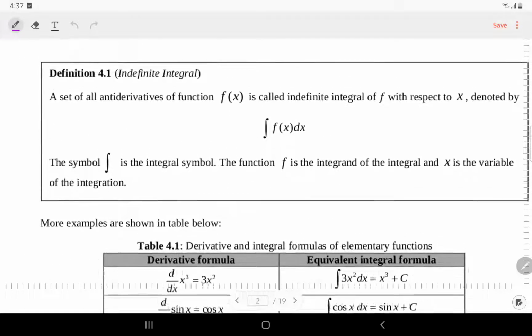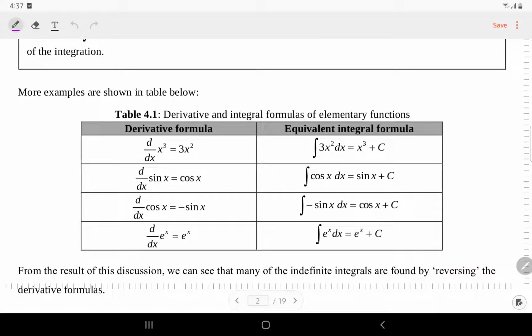For indefinite integral, kita cover yang indefinite integral dulu, yang tak ada limit. So if you differentiate x cube, you will get 3x square. But if you integrate 3x square, you will get x cube. You akan dapat function yang asal. And then for indefinite integral, you need to plus with constant, plus c.